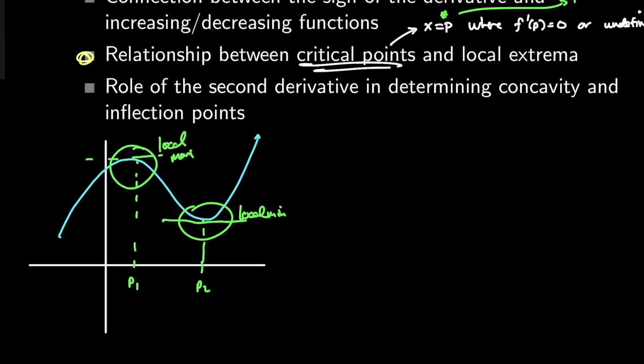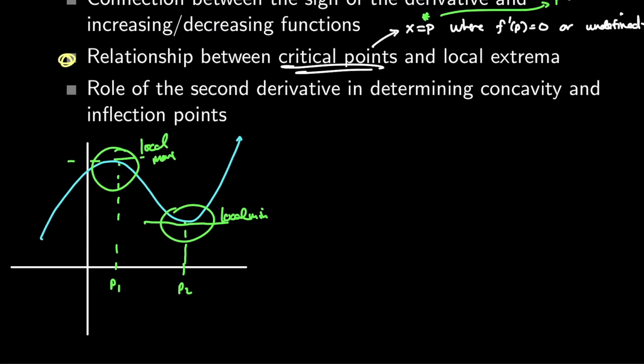But we might remember that this can also mean something else, which is, let me add on to my picture here and do something like this. Out here, this would also be a critical point. Because why? Because it takes on a slope of 0 here. But this isn't an extrema, right? This is what we call a plateau.